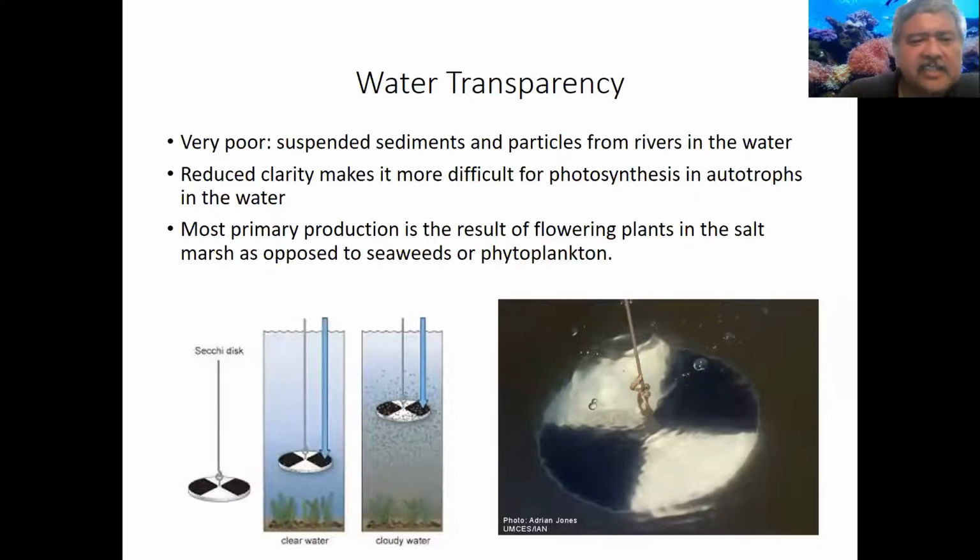Alrighty, I've got one of these. It's called a Secchi disk, and a Secchi disk is used to figure out the turbidity, or the cloudiness, of a water sample. In the estuary region, the water is typically very cloudy, because you have suspended sediments and particles from the rivers.